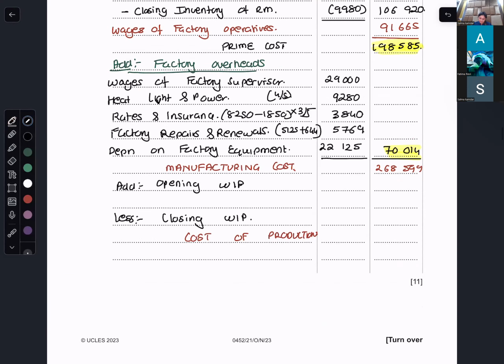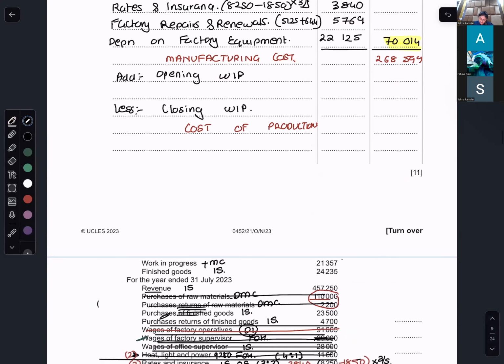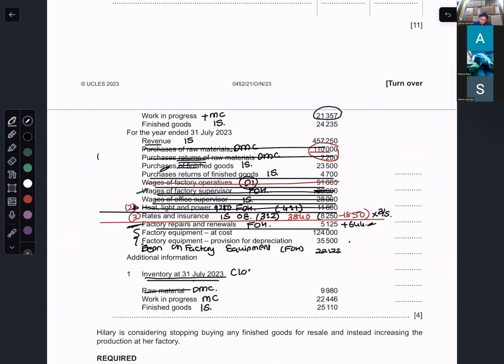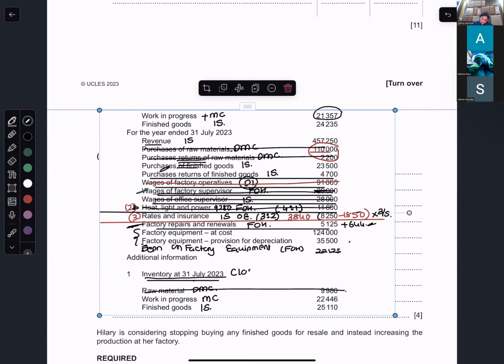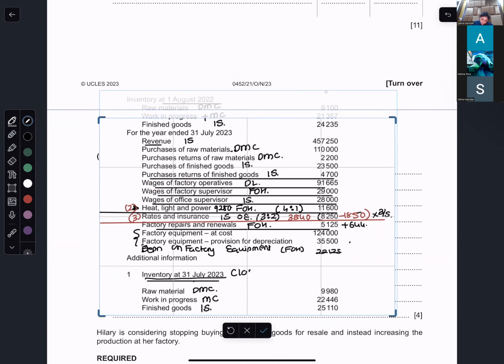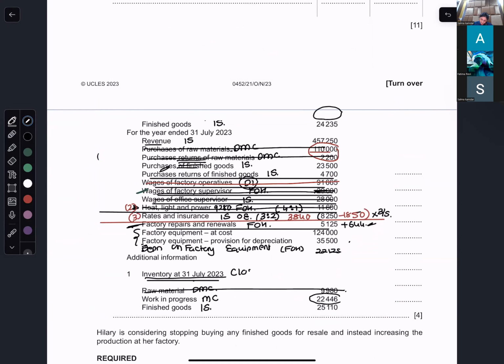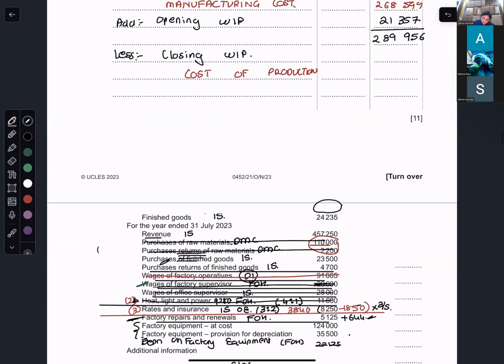Let's take the opening work in progress, how much it is. 21,357. So you're going to get 289,956. What is the closing work in progress? 22,446.